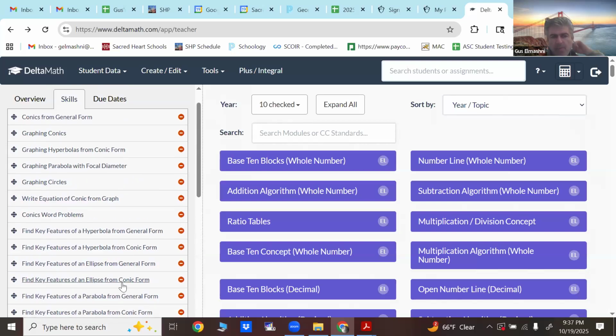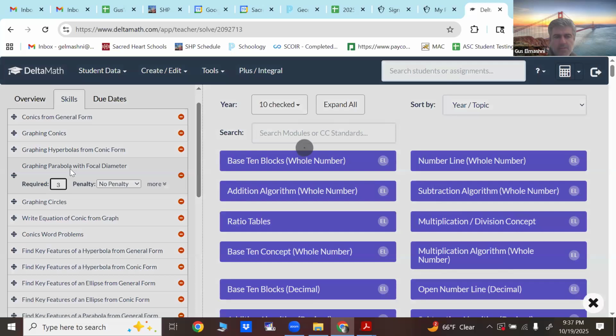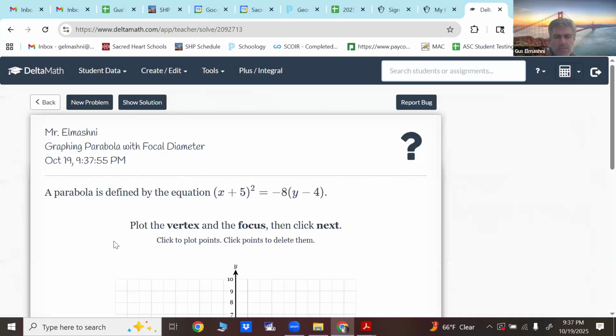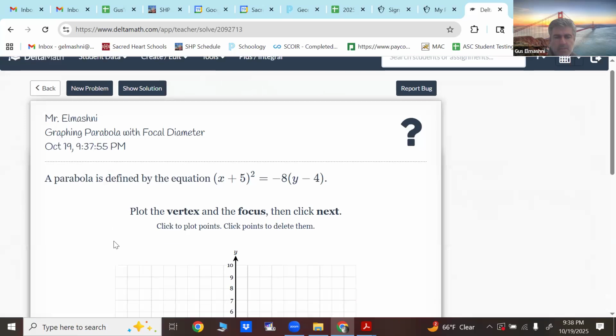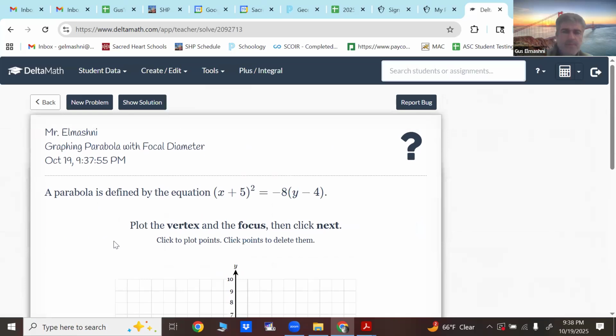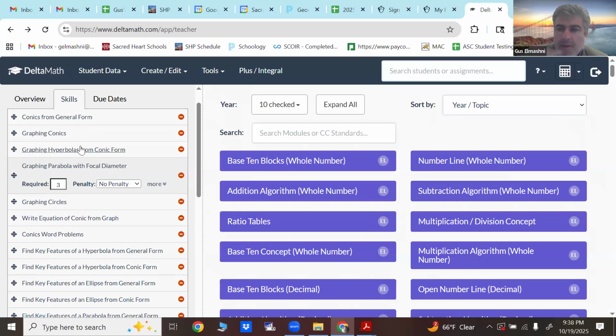For those who are G period, you still have an extra day. Maybe you could just do one or two of each of these. That can be good. It's going through how to graph a parabola. I don't think I have much else here.